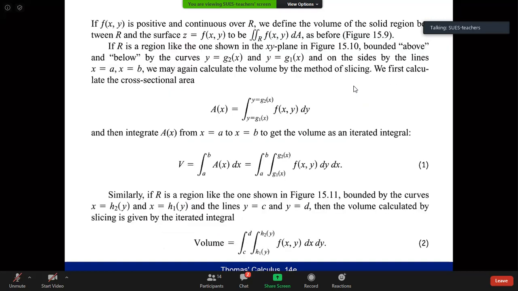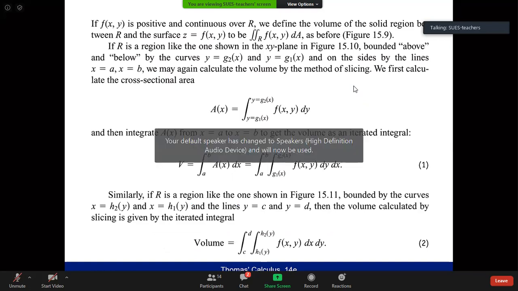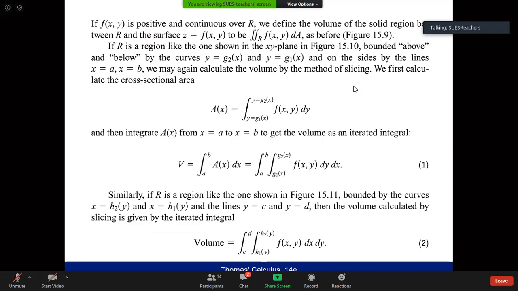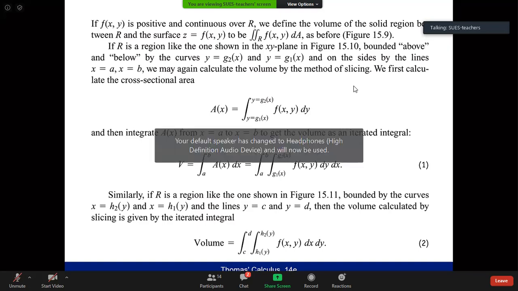Then f(x,y) is positive and continuous over R. We define the volume of the solid region in figure 15.10, which is bounded above and below by the curves y equals g2(x) and y equals g1(x), and on the sides by the lines x equals a and x equals b.